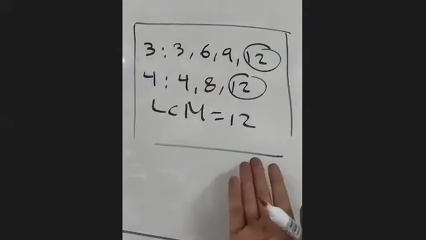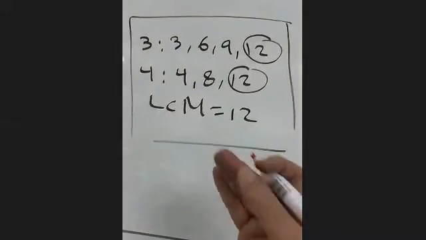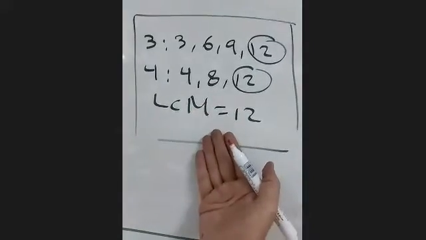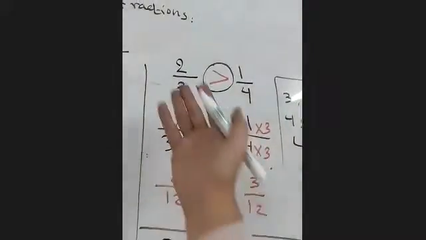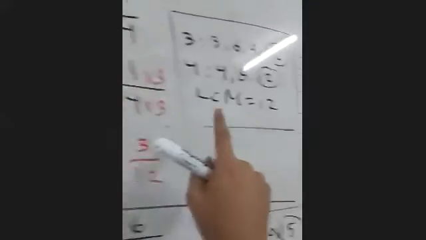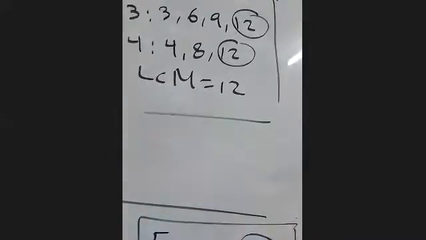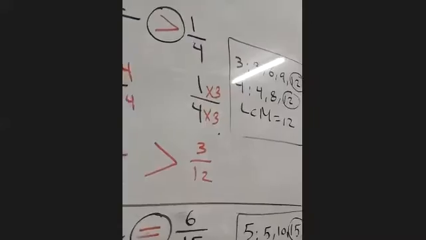Do you know how we found the least common multiple? Yes. Good. Now I take these two fractions and ask myself how the 3 becomes the least common multiple, 12. We multiply it with 4.